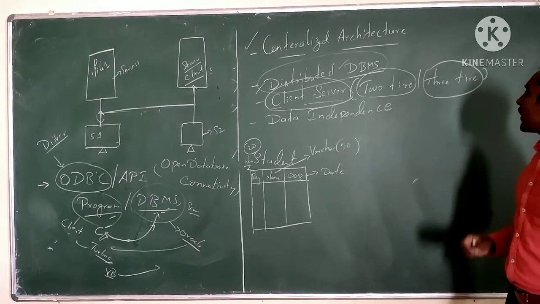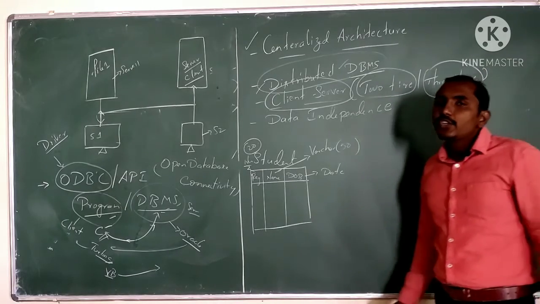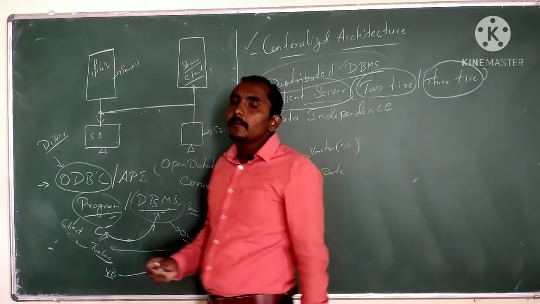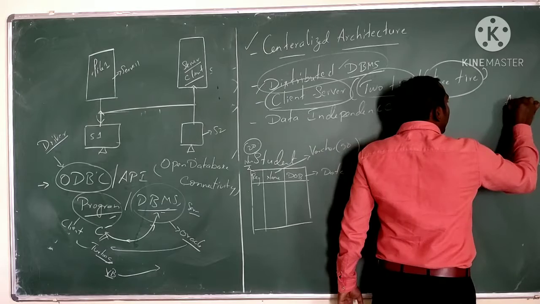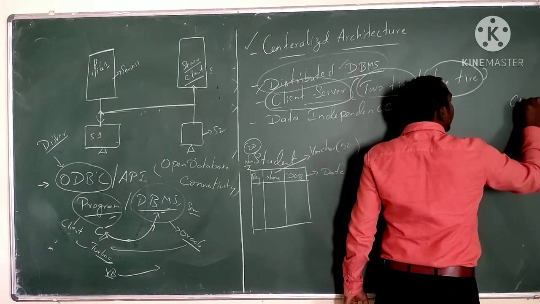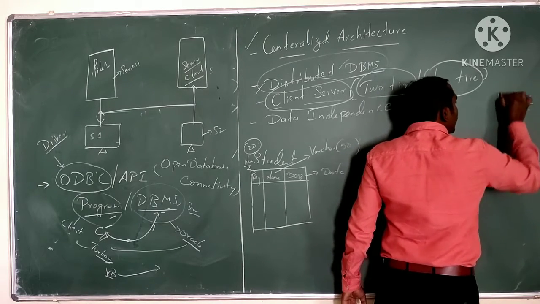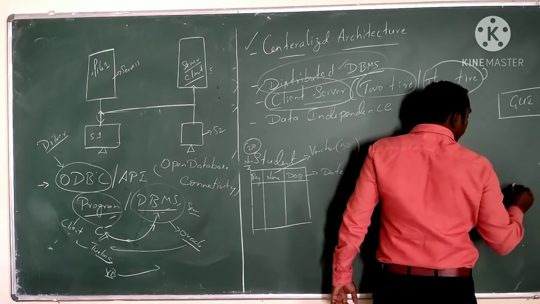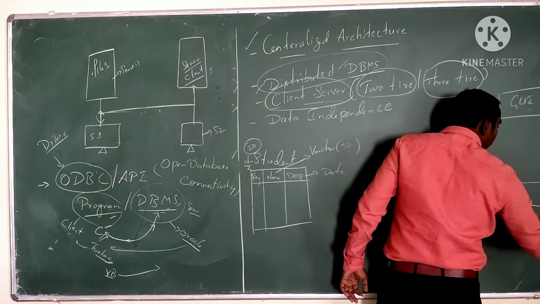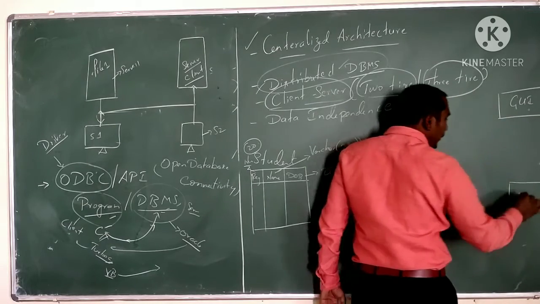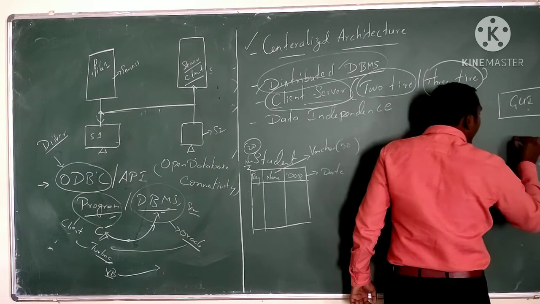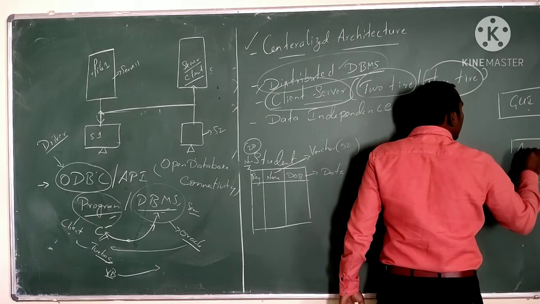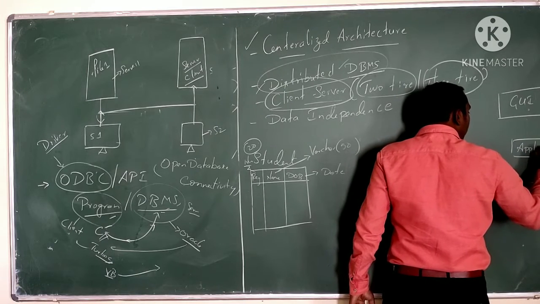Now coming to three-tier architecture, we are going to have three levels there. One is your interface, which is the GUI, and you'll have your actual database. In between you'll have something called the application server.